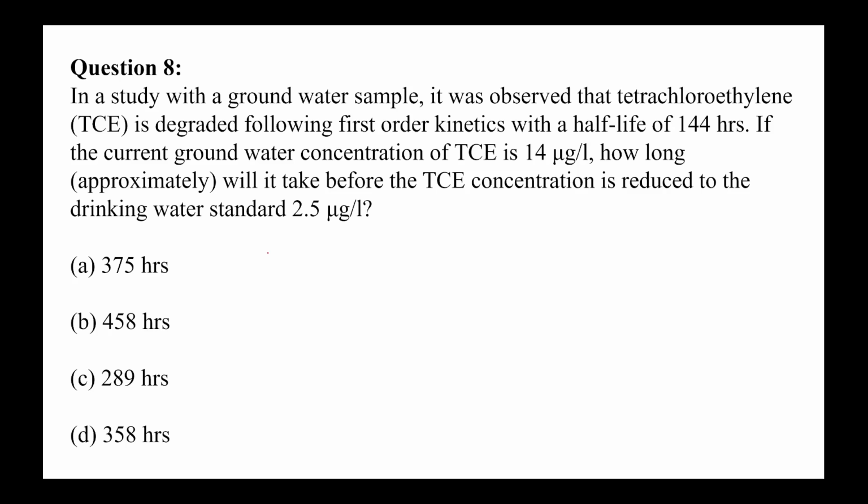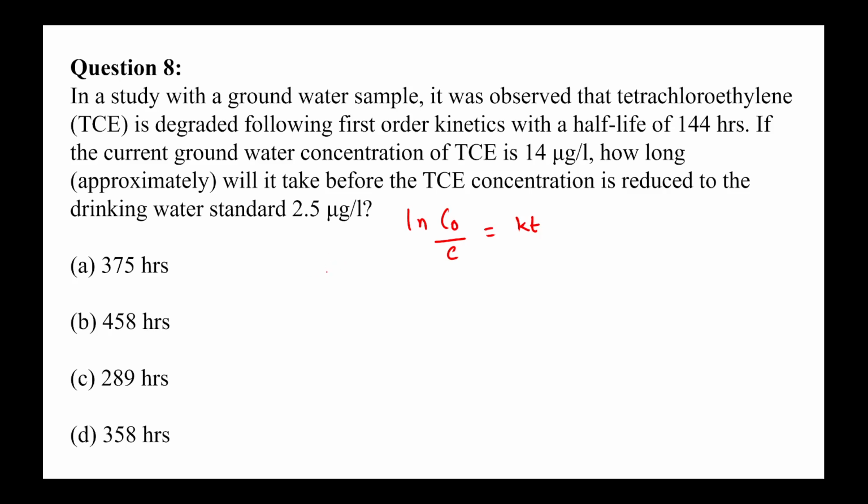So I told you for a first order kinetics, we can easily calculate the rate constant if the half-life is given. How? For a first order kinetics, log of C0 by C is equal to KT. This is the general formula. Now, what is half-life? Half-life, I told you, is the time taken for the 50% of the reactant to get converted into the product.